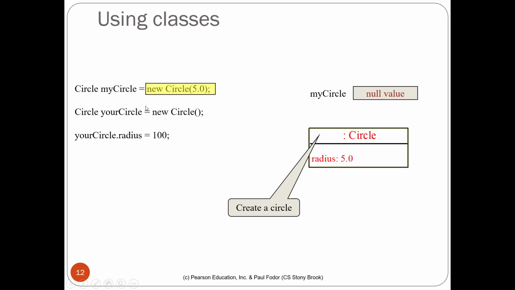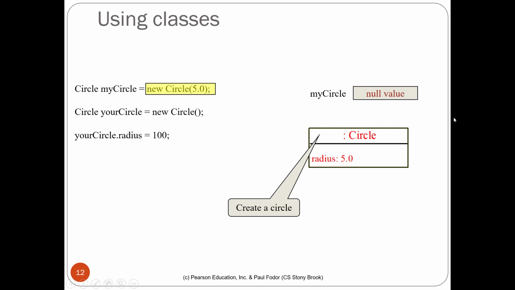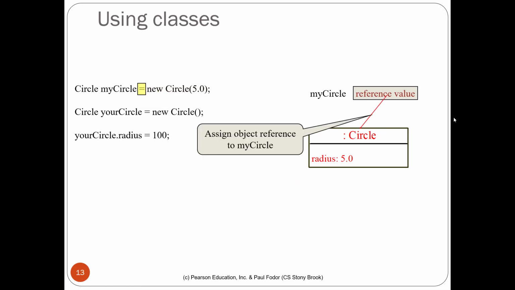What did the assignment operator do? This assignment operator will link these two together. What does that mean? This is what it means: the reference value, which was null initially, would now have a reference to this object that you created. That is the role of the assignment operator.